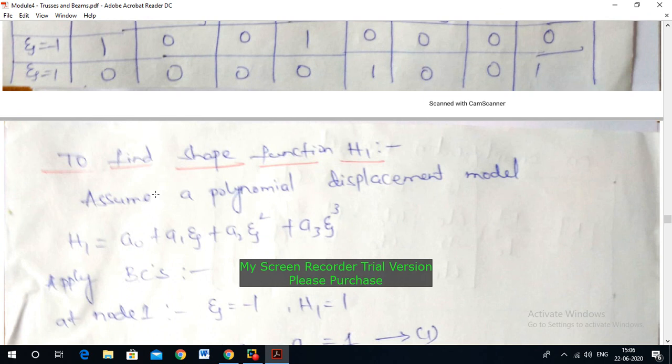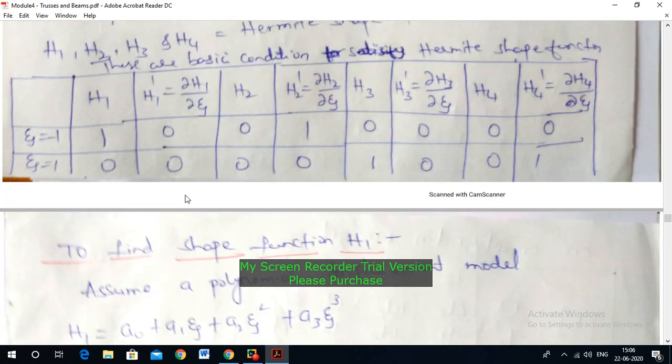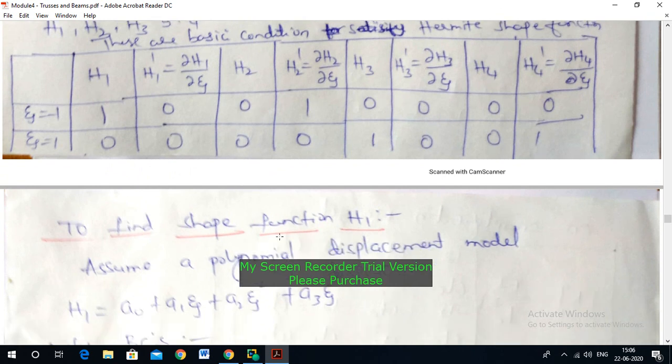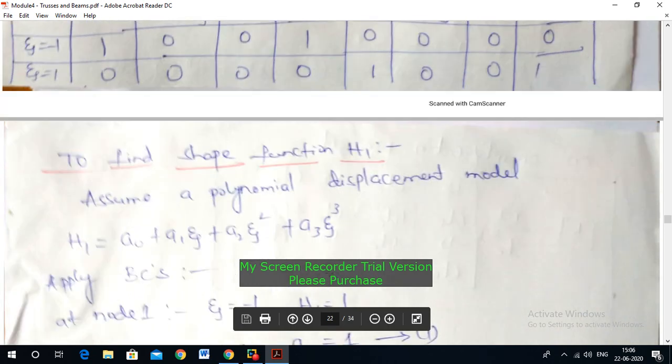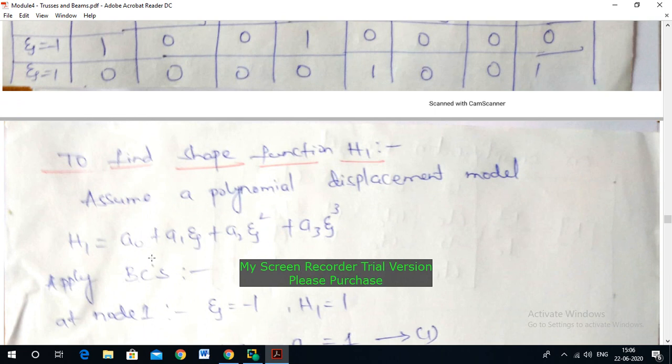And next, we have to find the Hermite shape functions for the beam element at 2 nodes. First, to find the shape function h1, assume a polynomial displacement model, h1 is equal to a0 plus a1 zeta plus a2 zeta square plus a3 zeta cube. Okay, let us consider a third order polynomial.